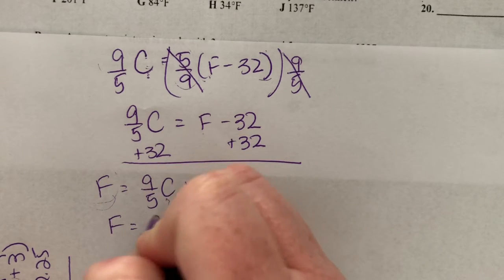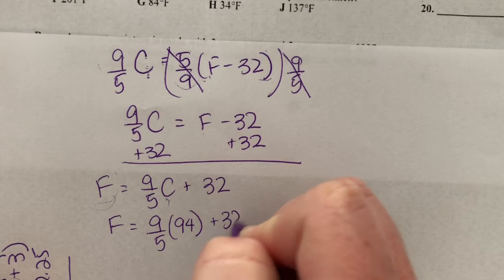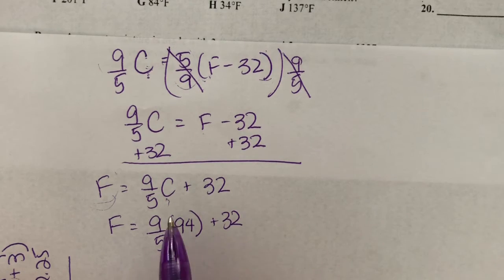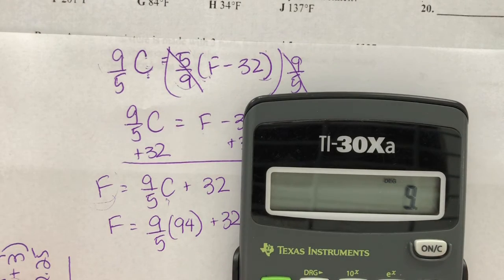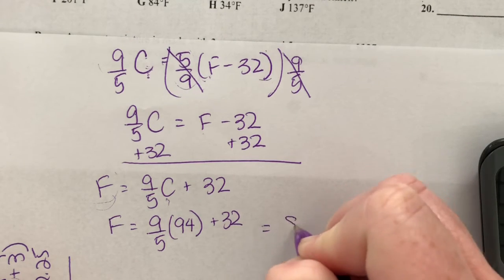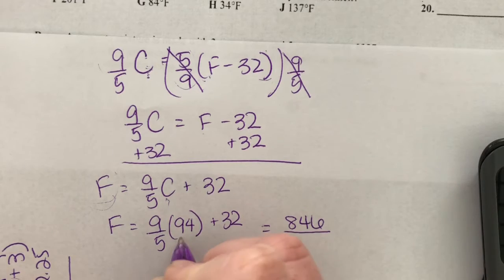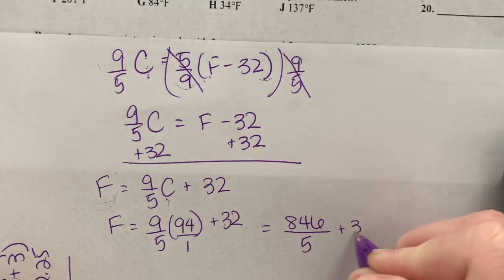Okay, so now I want to figure out the Fahrenheit degrees when Celsius is 94. So F equals 9 over 5 times 94 plus 32. Okay, so I'm going to multiply 9 times 94. I'm just simplifying here using order of operations. So I get 846. So 846 over 5, plus 32.